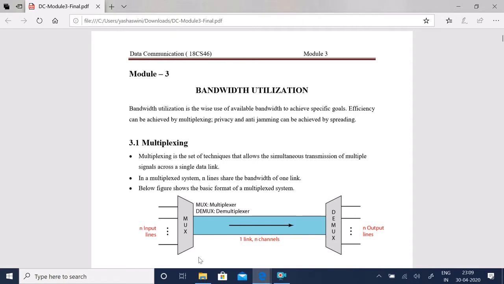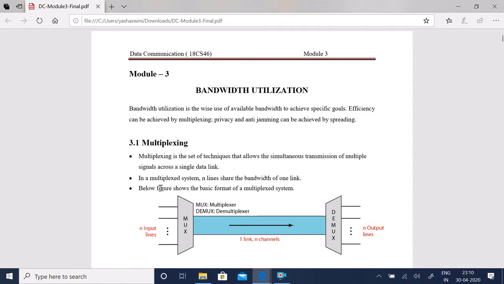This is the basic format of a multiplex system where you have n input lines which are passed as input to a multiplexer. As the output of the multiplexer, all these n channels are transformed into a single link with n channels.